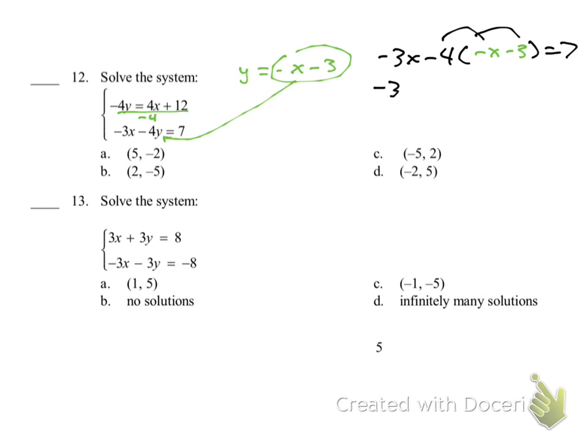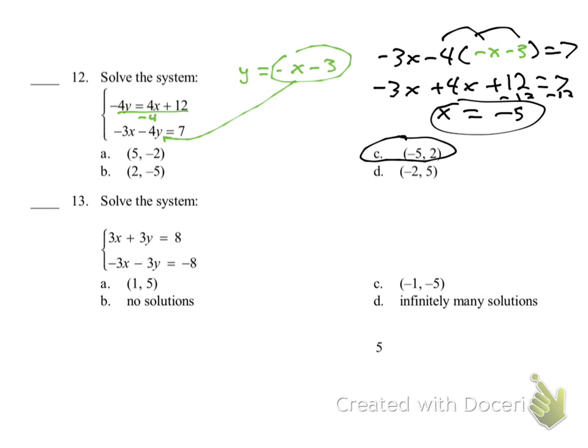Distribute the negative 4, negative 3x plus 4x plus 12 equals 7. So it'll give me x equals, subtract that 12, negative 5. All right, so x is negative 5, so it has to be C. If you plug that back in, that gives you negative 5 minus 3, which gives you that negative 2. Okay.